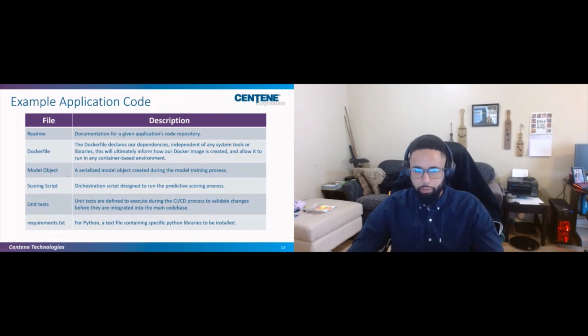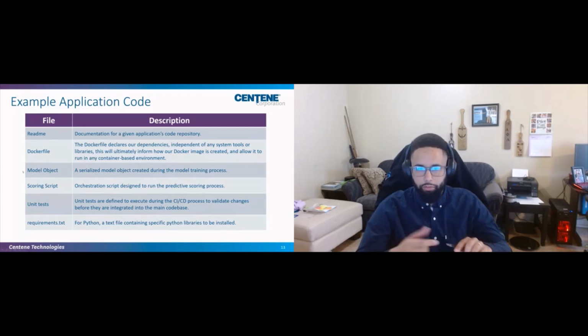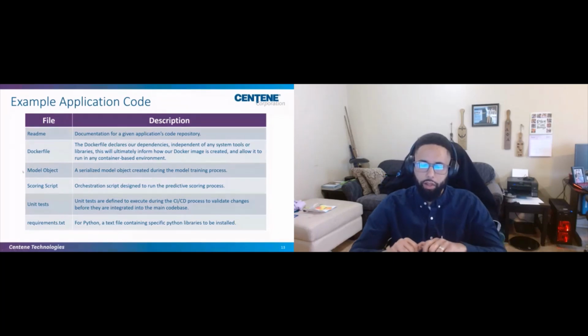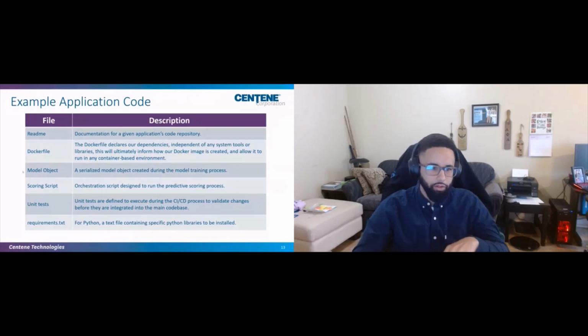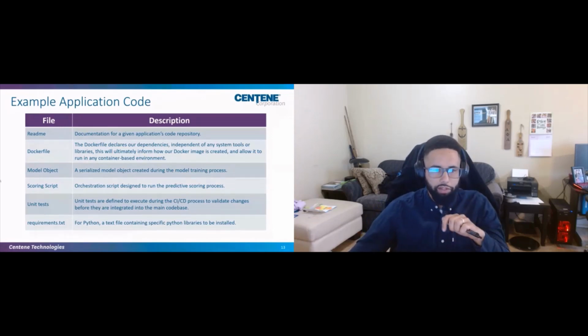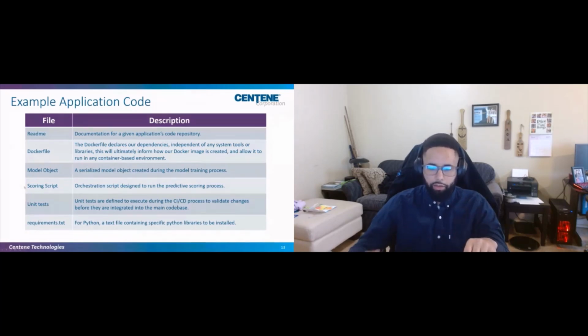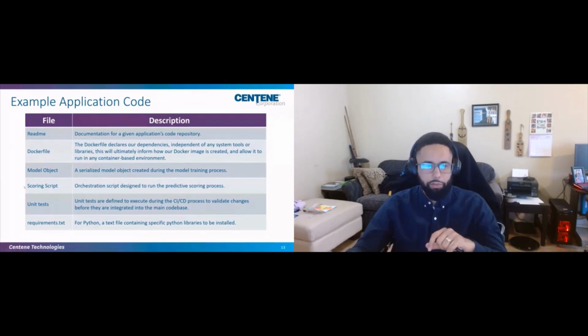We typically have a model object of some sort. This could be something trained by maybe an XGBoost algorithm or something like that. But the idea is that you have a trained model, and it's been serialized from your training environment into a binary of some sort, and that will be included with your Docker image. We have a scoring script, which takes that model binary and some sort of data artifact and transforms it into predictions.